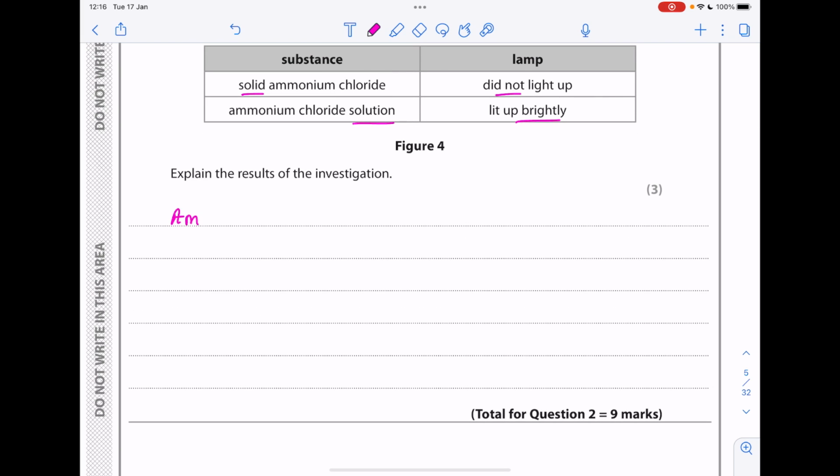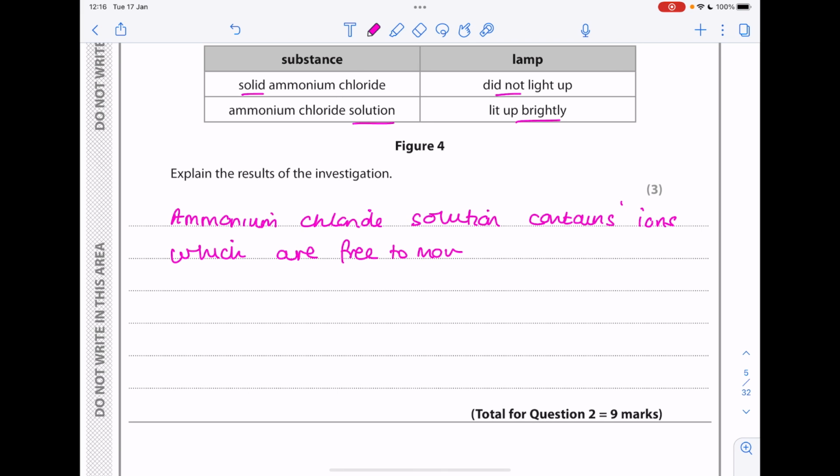So first of all, we say that ammonium chloride solution contains ions which are free to move. Meaning that it conducts electricity, hence why the lamp lit up.